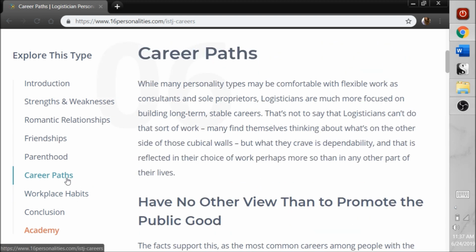So for her character, this tab was very helpful, just talking about what types of careers these personality types tend to go for and why.